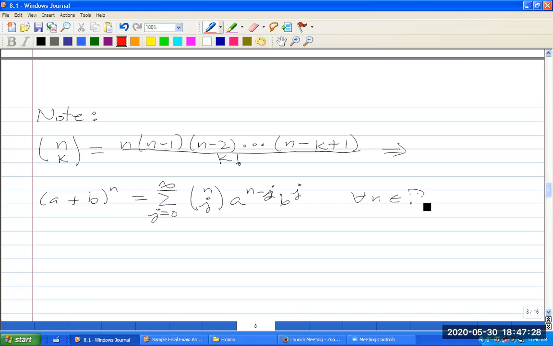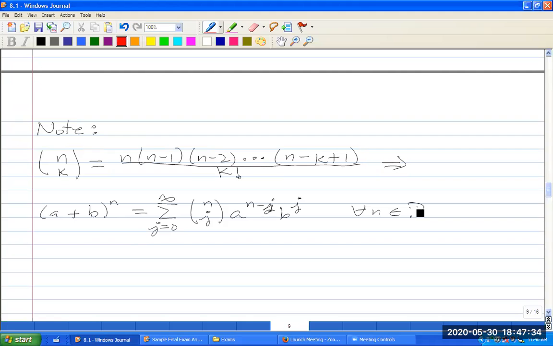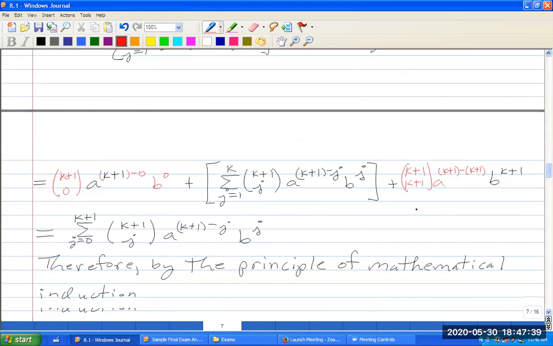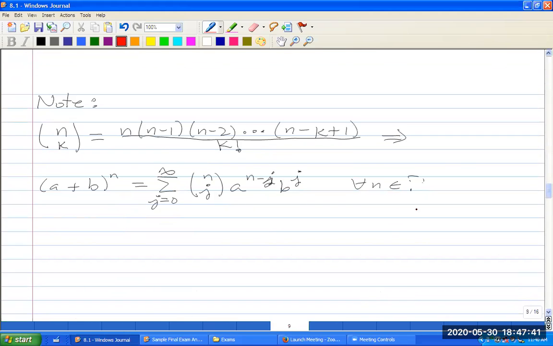And n in this case could even be a complex number. You'll show this later in further courses, but not in this course. So this formula actually still works for very, very general powers.